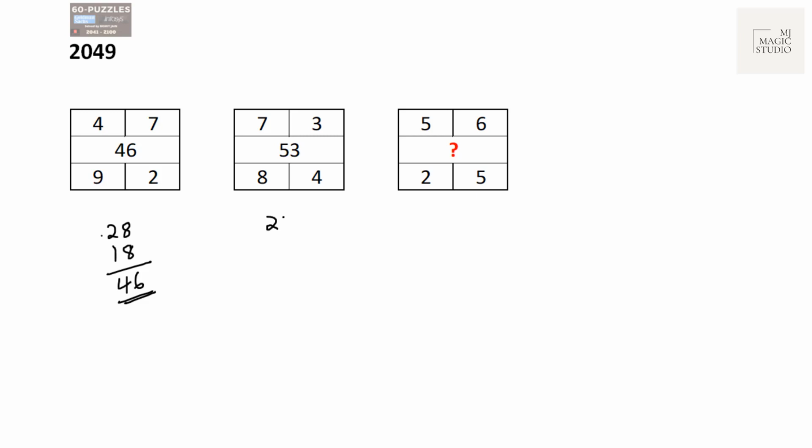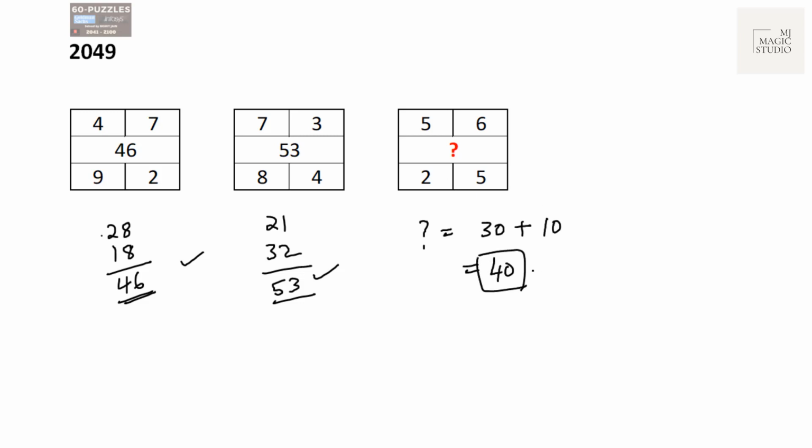Bingo. Let's see here. 7 into 3 is 21, 8 into 4 is 32, and that is 53. Fit it. That means this question mark should be 5 into 6 is 30, plus 2 into 5 is 10. It should be 40. I'll go for 40 in this grid.